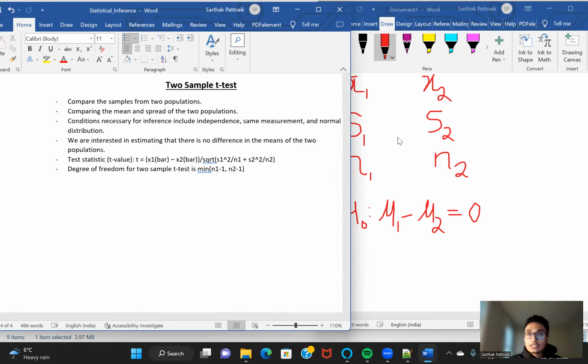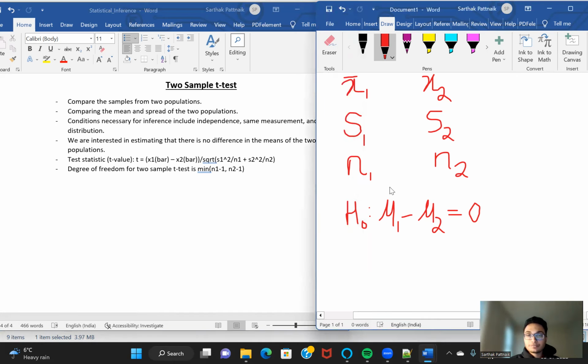Now let us come to the test statistic and the degree of freedom for a two-sample t-test. Degree of freedom is very important when we are solving problems on t-test, because we use it every time we calculate a probability using pt or a critical t-value using qt.